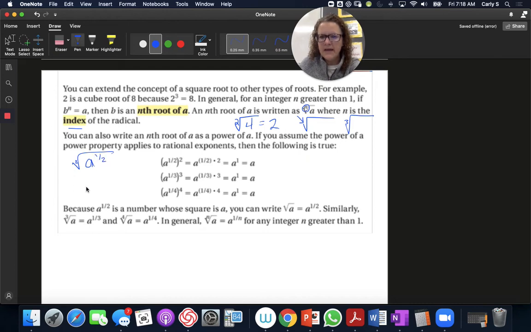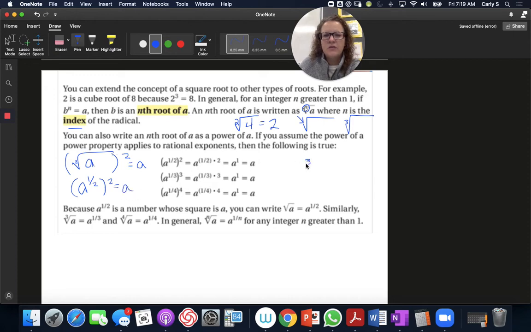If I have a square root of a and I square that, it is equal to a. What this is saying is I can rewrite this radical as a to the 1/2, and when I square it, I get a.